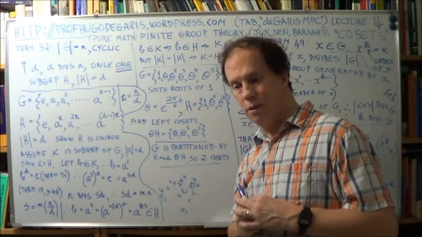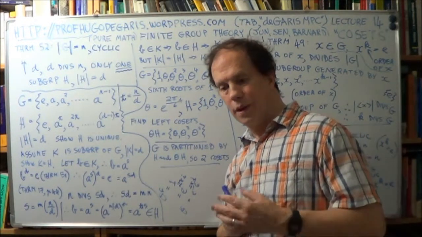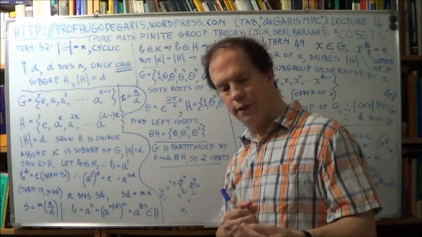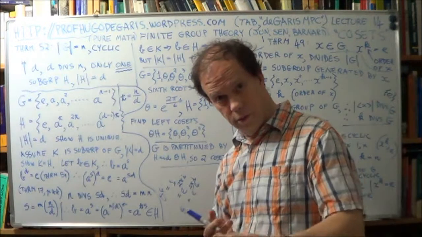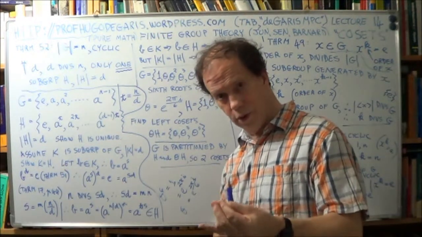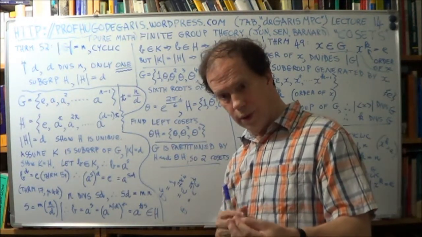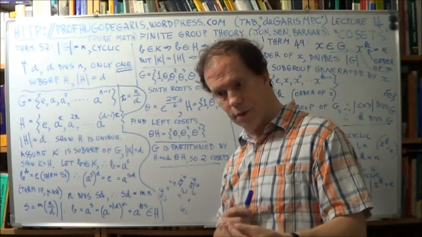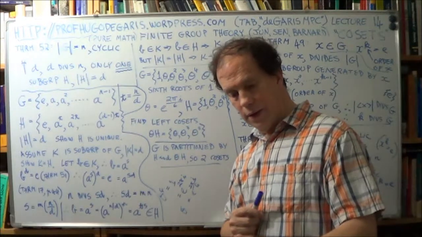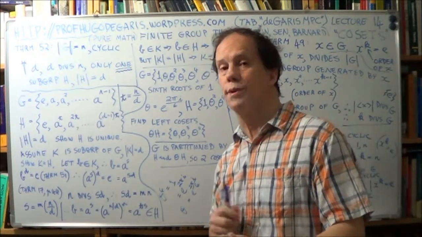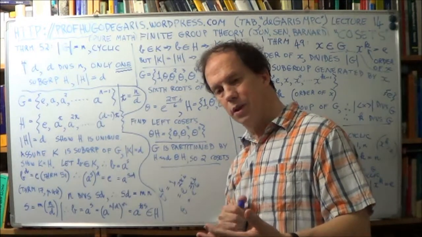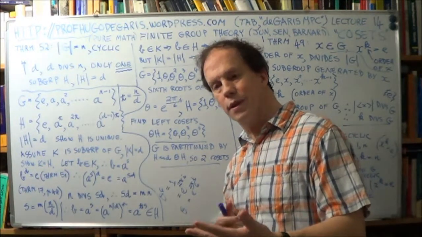Immediately we know that groups of order 2, 3, 5 and 7, because the order is an odd number, those groups have to be cyclic. That's all there is. There are no proper subgroups. And so the analysis boils down to looking into what's left over.